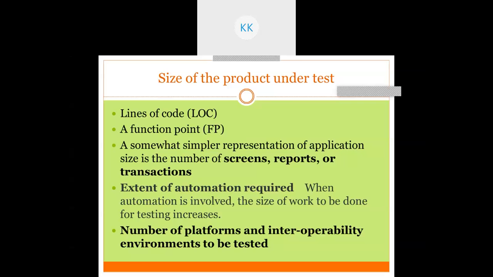For a particular functionality we are repeatedly testing, so we do automation testing. But automation testing requires additional work, additional homework to be done, right? So that's why the size of work done increases when you go for automation.